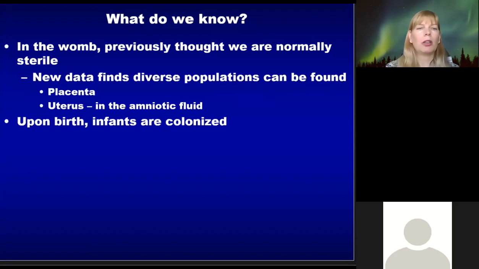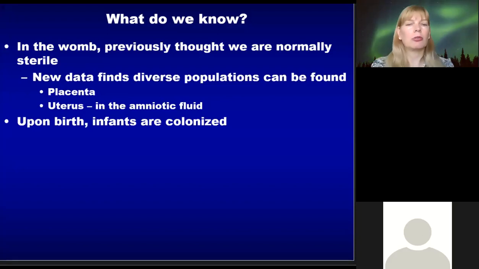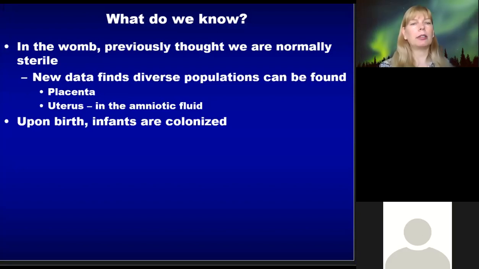But when you think about the idea that they're now discovering that the uterus actually does have some level of microbes present, and we're not talking about the pathogens, just normal microbes. And then of course, as the infant is going through the vaginal tract during the labor process and birth process, you will get plenty of colonization that way as well.